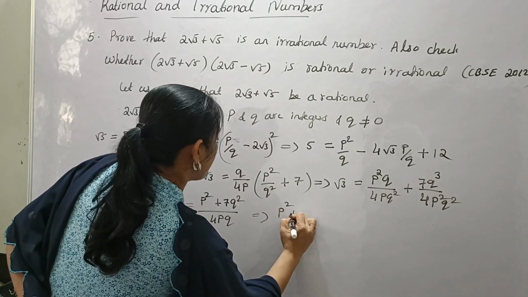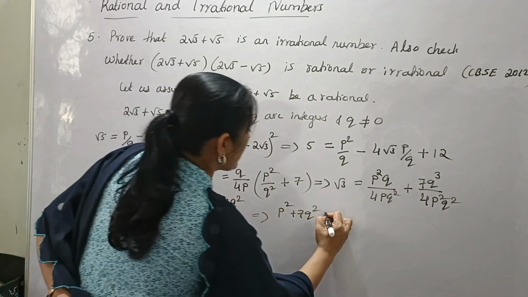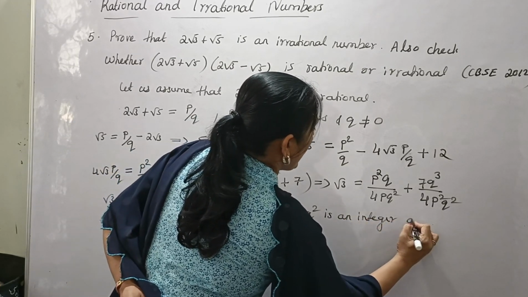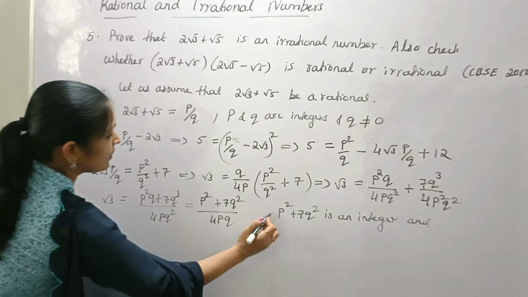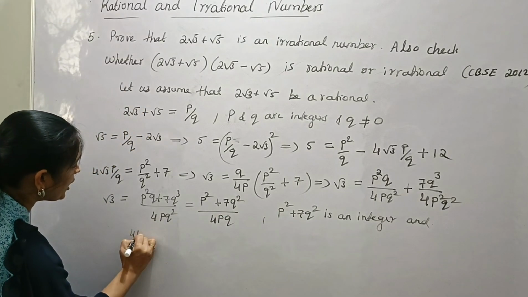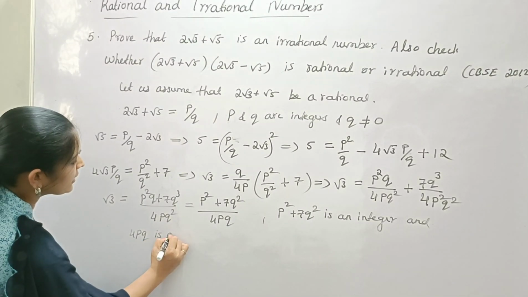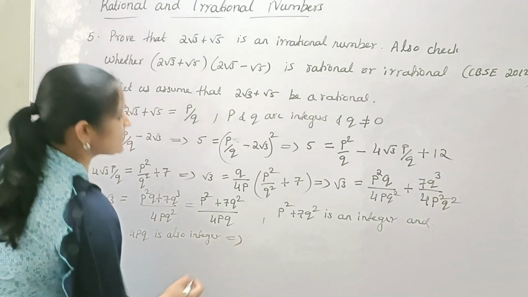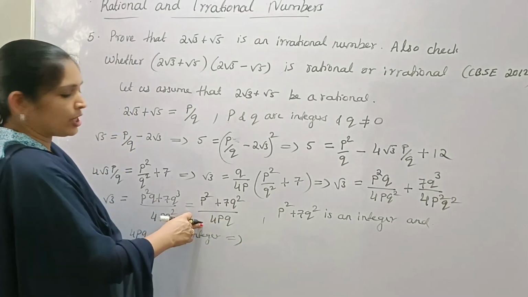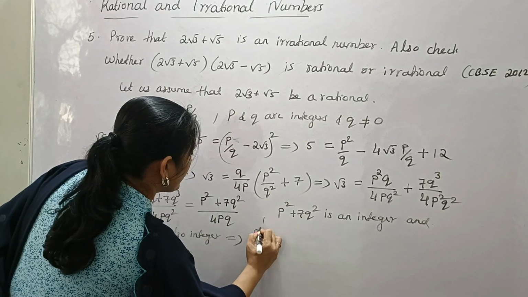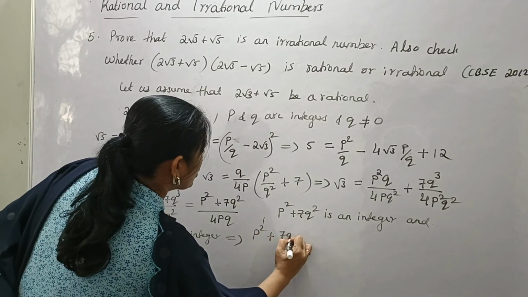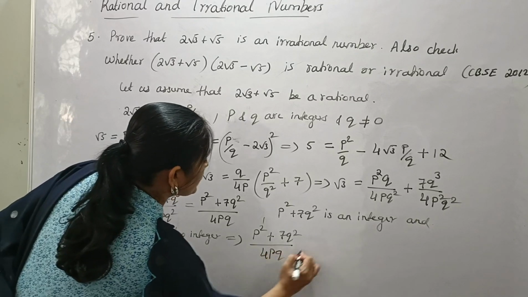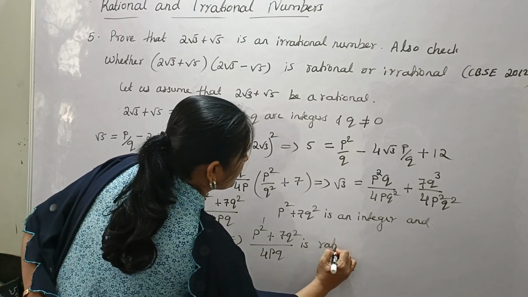P square plus 7q square is an integer and 4pq is also an integer. This implies it is a rational number.